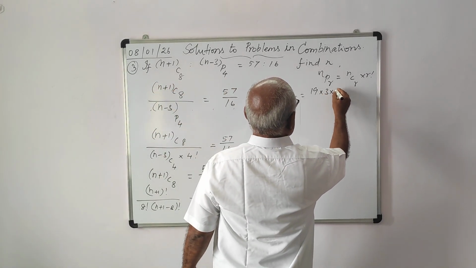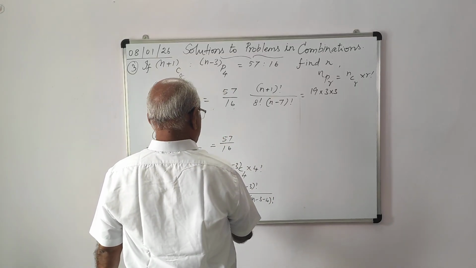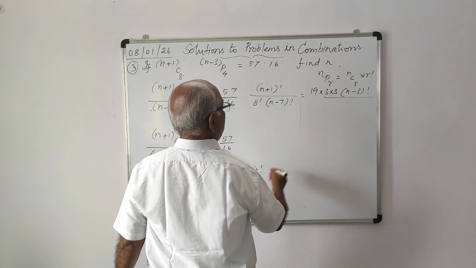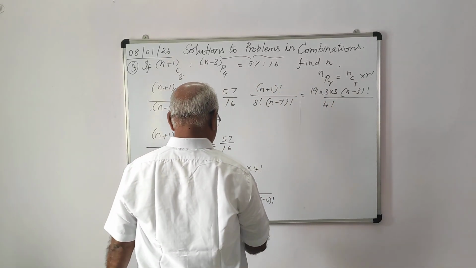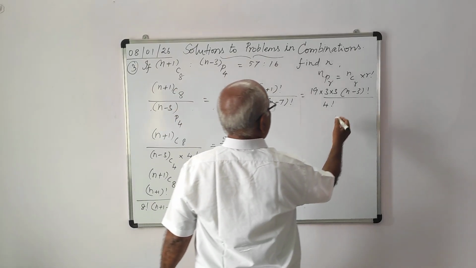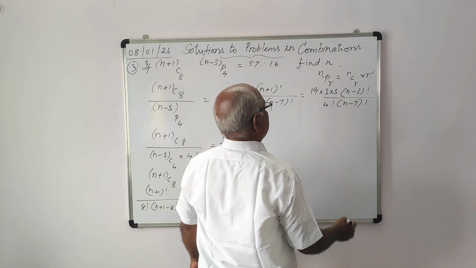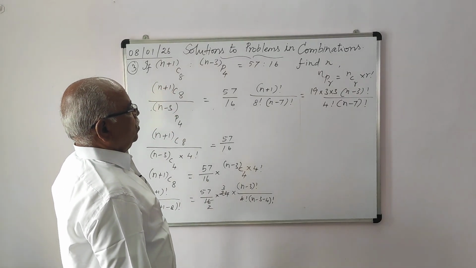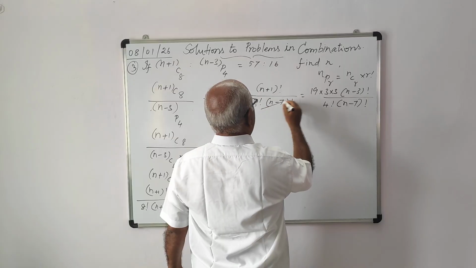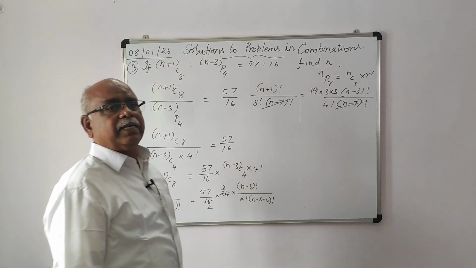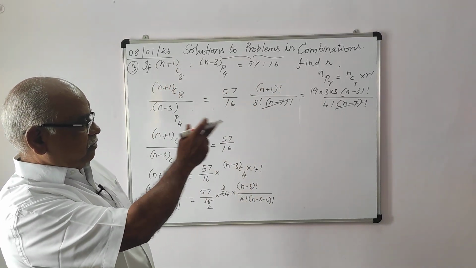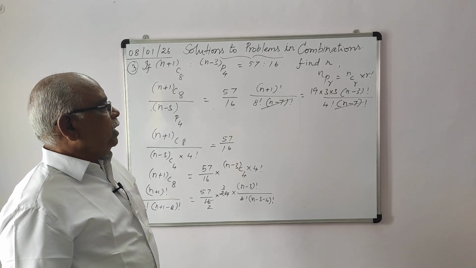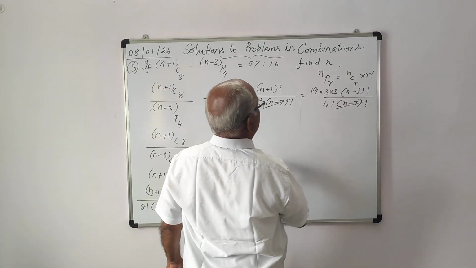Again, already 3 is in the numerator, into (n-3) factorial divided by the denominator, which gives 4 factorial into (n-3-4), which is (n-7) factorial. You can see in both the left hand side and right hand side denominators, (n-7) factorial is a common term. Therefore, you can cancel (n-7) factorial on both sides.